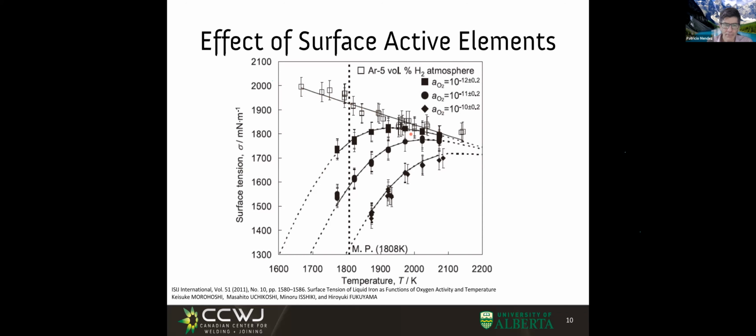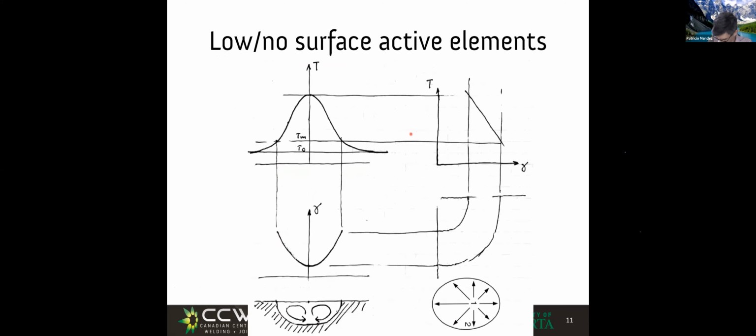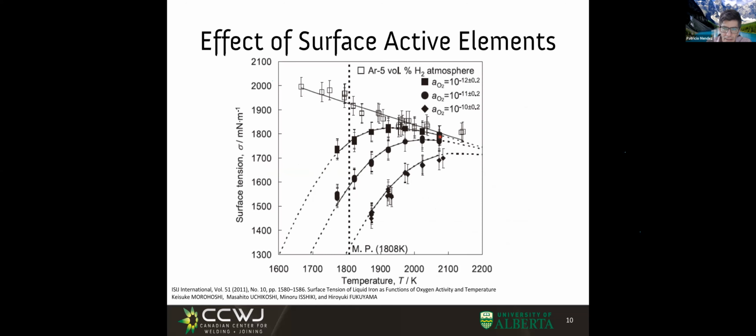Now, let's say we have some amount of oxygen, and this also applies for sulfur. It says that at high temperatures, it doesn't really matter. It's as if it was pure. But at lower temperatures, still in the molten metal range, right? This oxygen reduces the surface tension. And at lower and lower temperatures, the surface tension is more and more reduced.